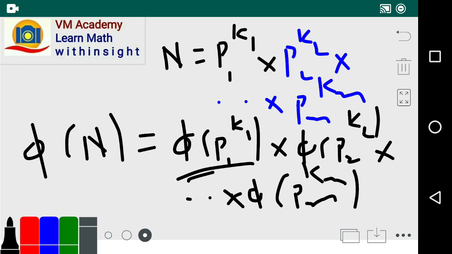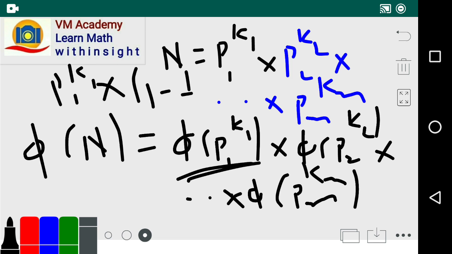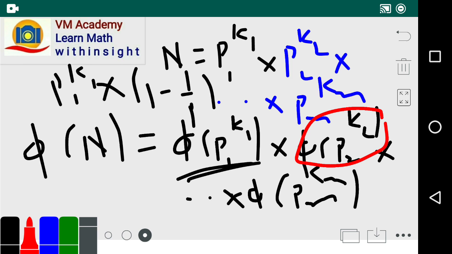Now phi of p1 raised to k1 is what? p1 raised to k1 into 1 minus 1 by p1. Similarly phi of p2 raised to k2 is what? p2 raised to k2 into 1 minus 1 over p2.